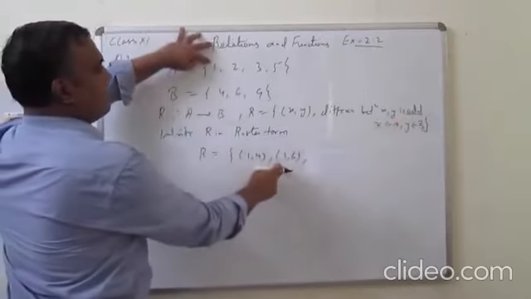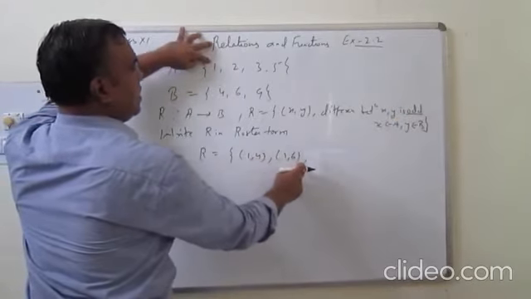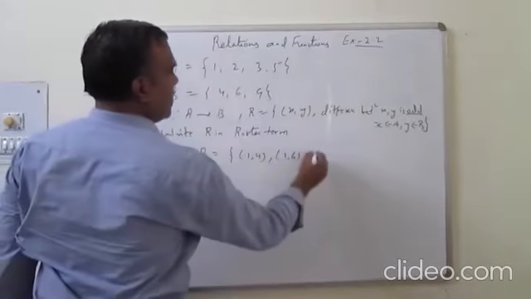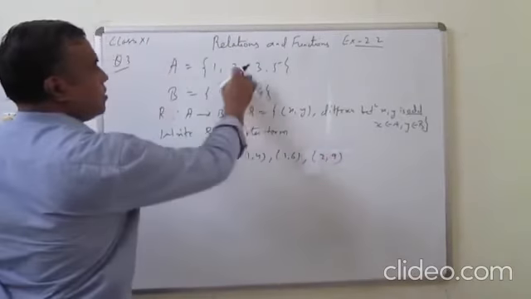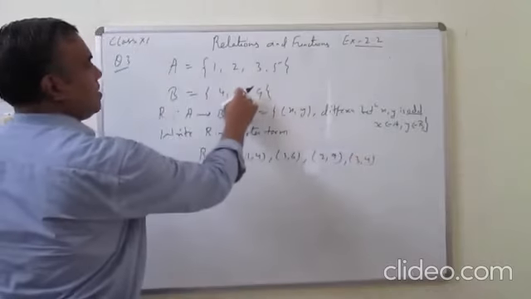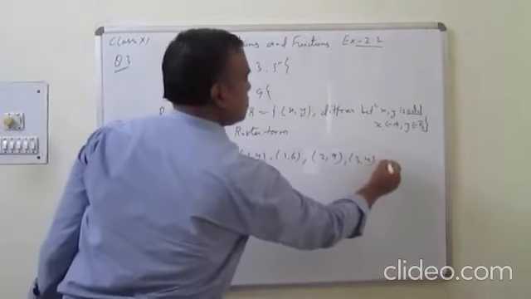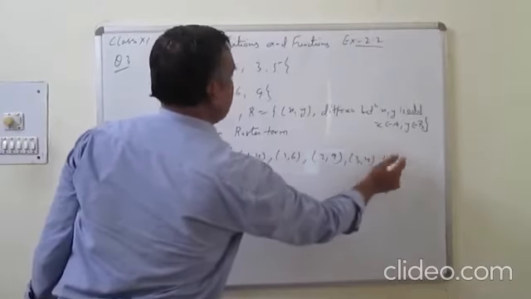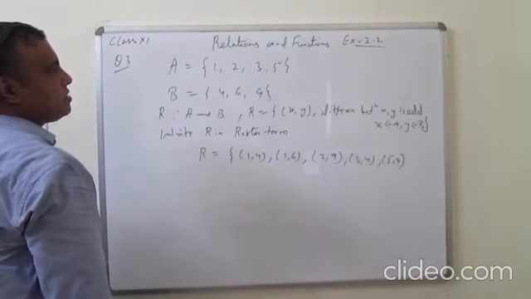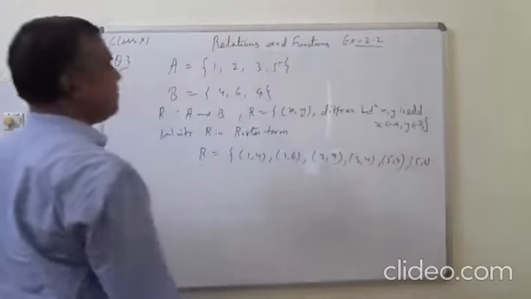1 comma 4, 1 comma 6, 2 comma 9 ... 3 comma 4, 3 comma 6 no, 3 comma 9 no. 5 comma 4, 5 comma 6, and 5 comma 9.